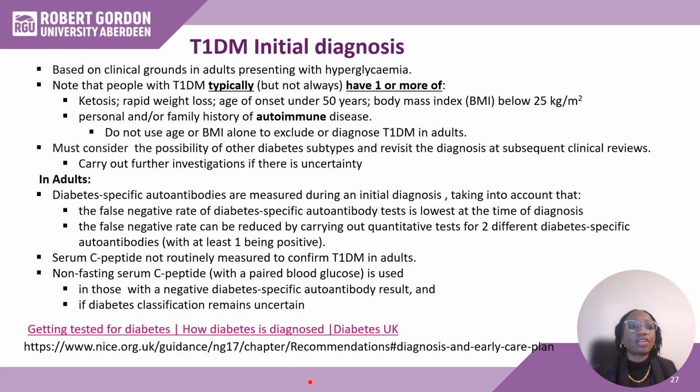In adults, diabetes-specific autoantibodies can be measured, and we could also measure the serum C-peptide, which is not routine yet, as a confirmatory test. So have a look at these resources here, and also NICE NG17 does review this diagnostic criterion for type 1 diabetes.